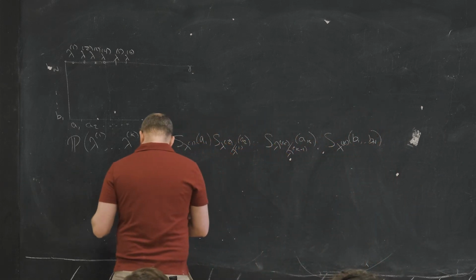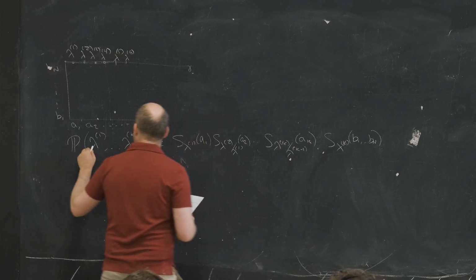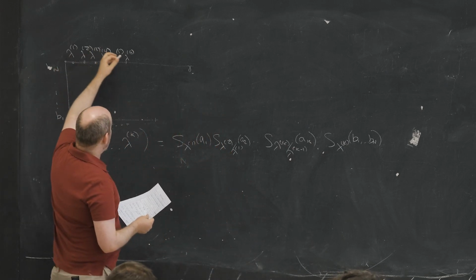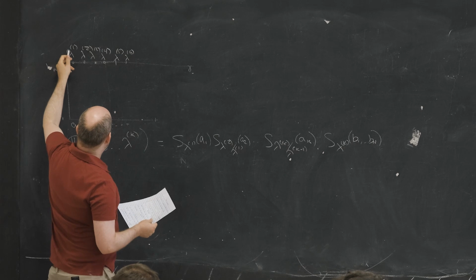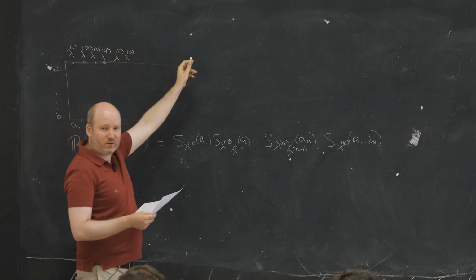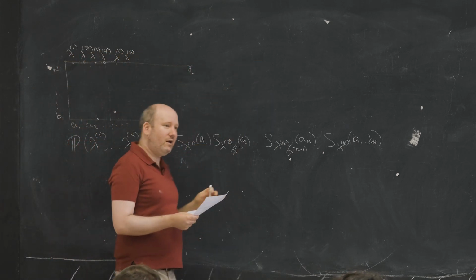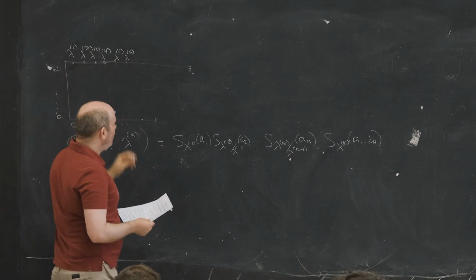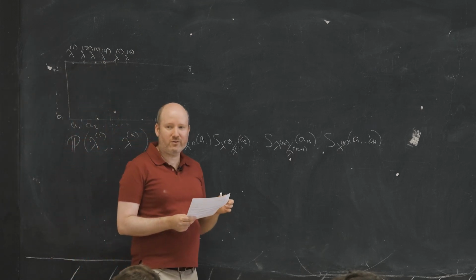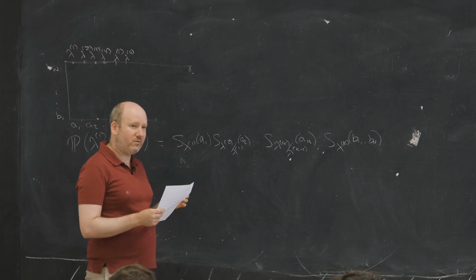With a little bit of thought, you can see that in fact this tells you that the lambda process, if I think of this as a process in the horizontal coordinate, is a Markov process on partitions.